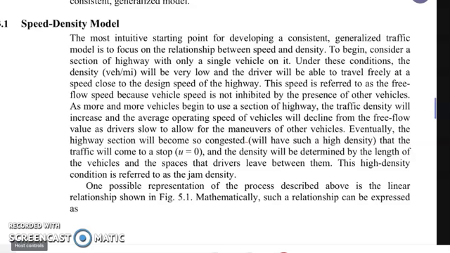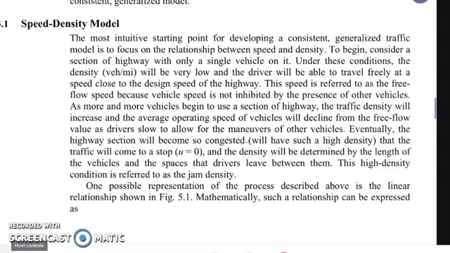Since we're considering that the highway only has a single vehicle, that vehicle or driver can travel freely with a speed that is closest to the design speed of the highway.